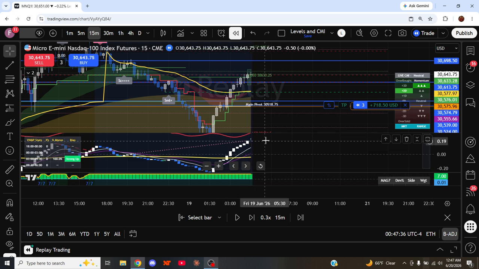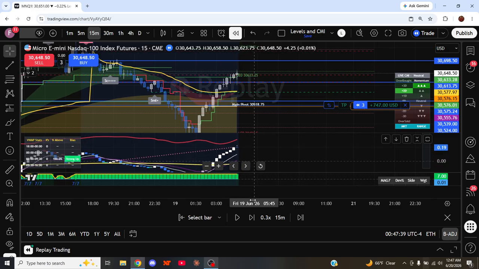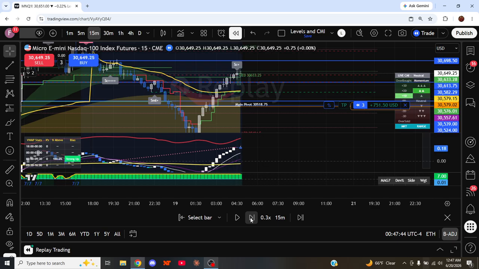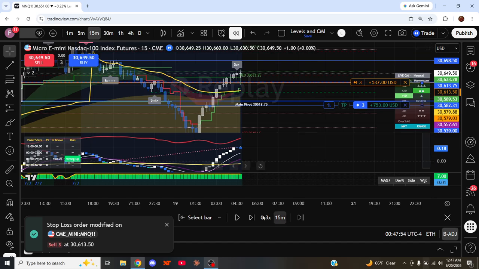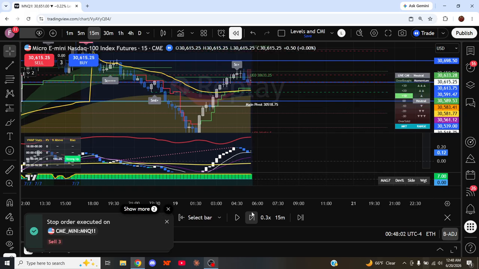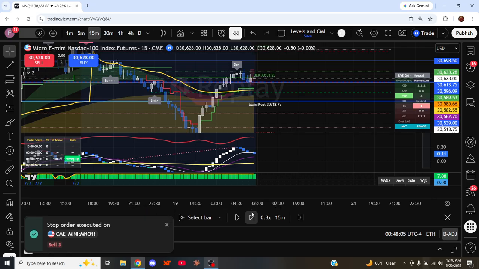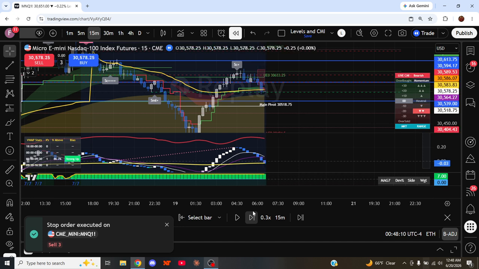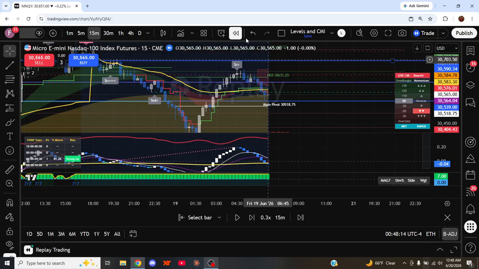Bigger. See, now is where I'm looking, and I'm like, oh, yeah, that's not good. Now, we're gonna trail up here. Yeah, that scalp tag was good too.